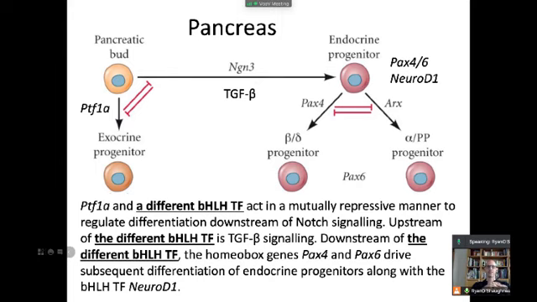Downstream of this transcription factor, we see the homeobox genes PAX4 and PAX6 drive differentiation of endocrine progenitors along with the basic helix loop helix transcription factor NeuroD1. And we see exactly the same process occurring in the pancreas as we do in the cerebellum, suggesting that we have similar developmental signaling pathways that determine the fate of both of these tissues.